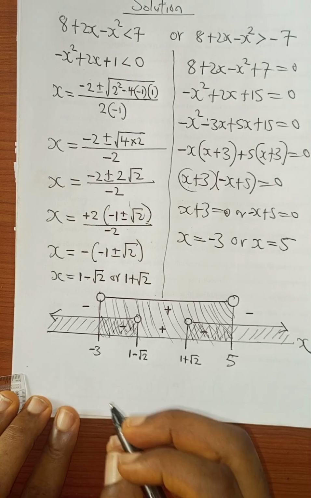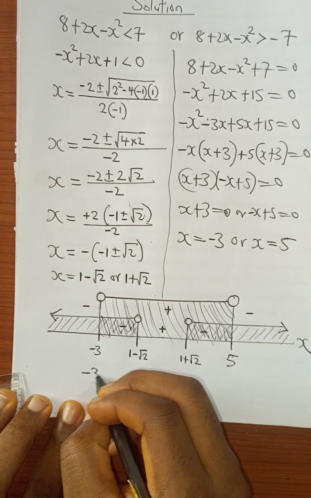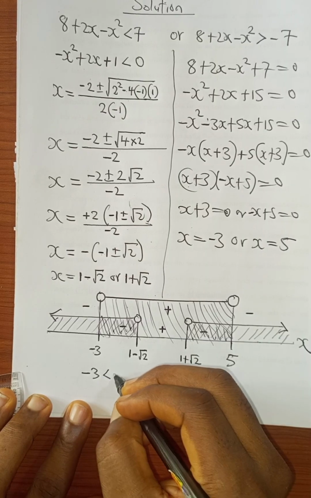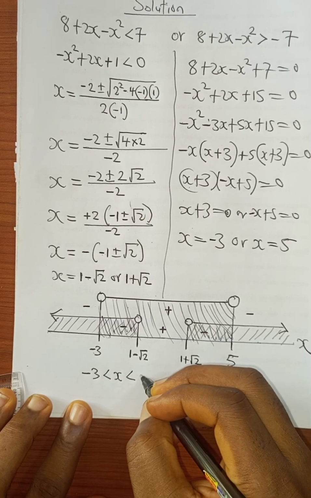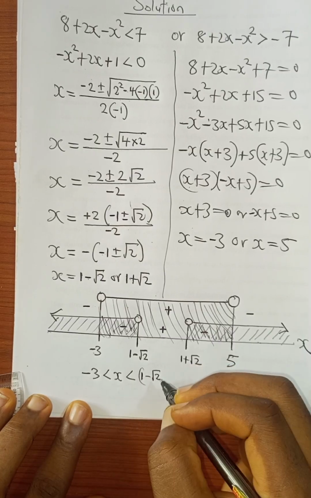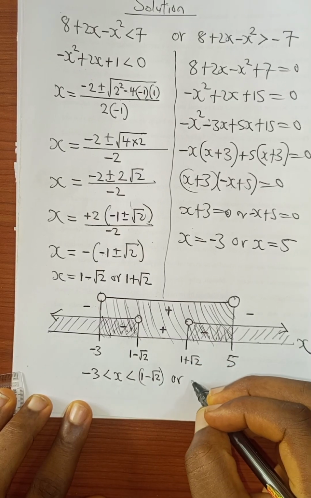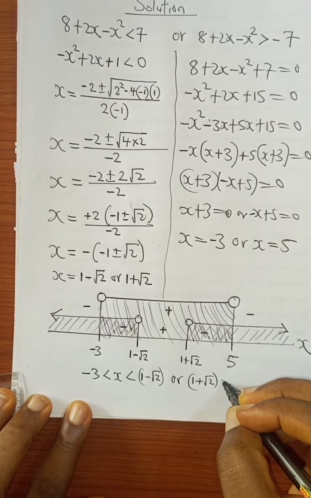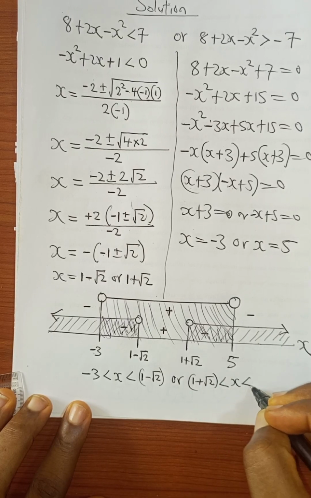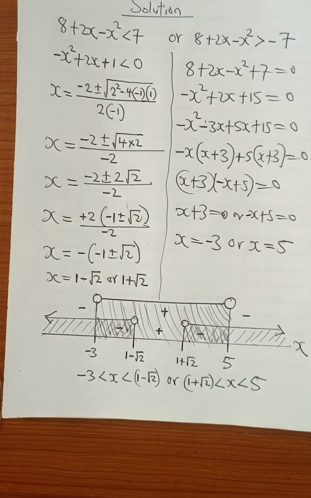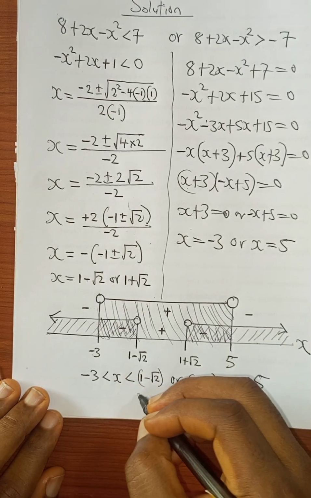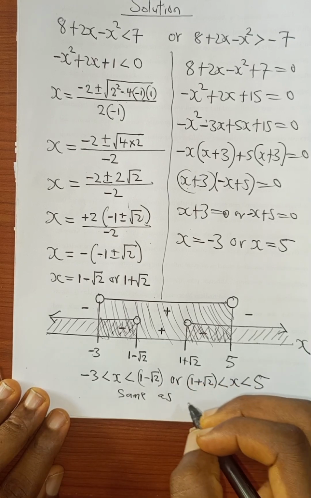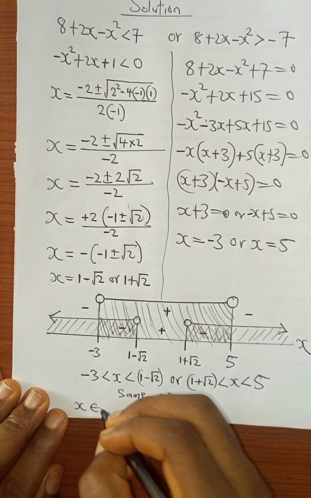So what is the answer? The answer is -3 < x < 1 - root 2, or x > 1 + root 2 (and less than 5), which can be written as s is a member of (-3, 1 - root 2) union (1 + root 2, 5).